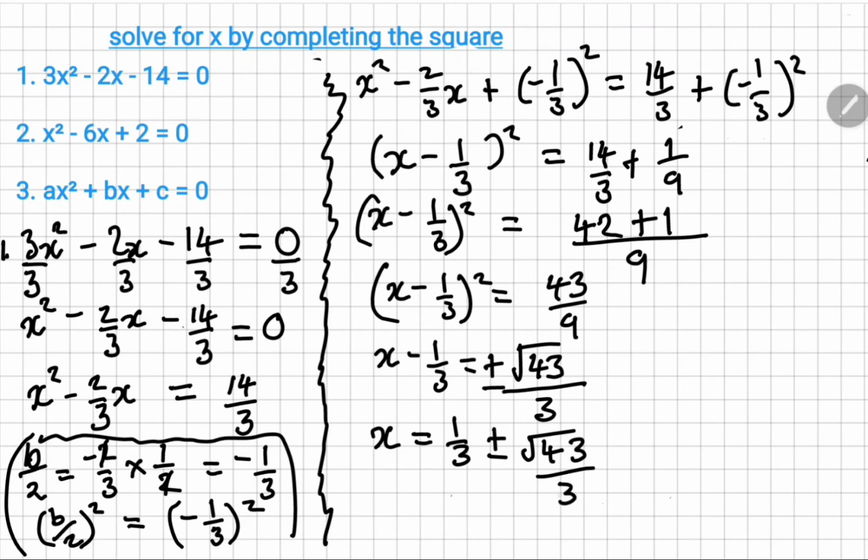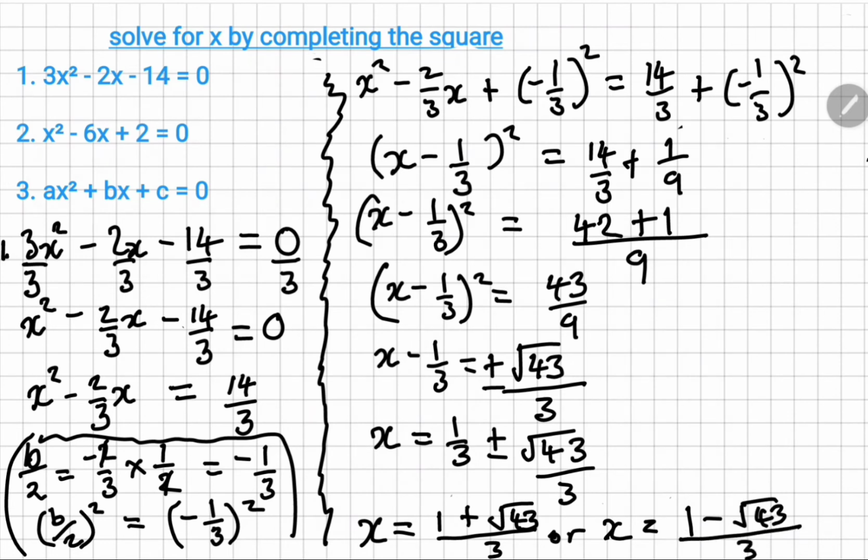The denominators are the same, so I can now have x equals 1 plus root 43 all over 3, or x equals 1 minus root 43 all of that over 3. Let's move on to the next question.